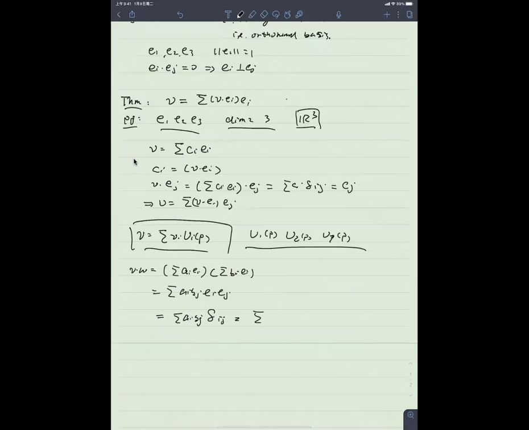Then i and j must be equal, otherwise it will be 0. This is exactly what we found for the formula. This is very important when we do problems in the exercises. So this is basically my presentation. Yeah, thank you.